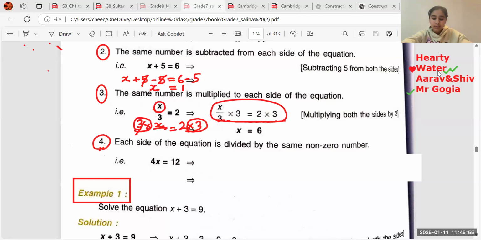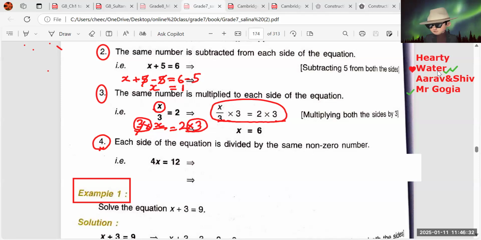Sir, I sent you example 1. Sir, you didn't even give me a tick, sir.